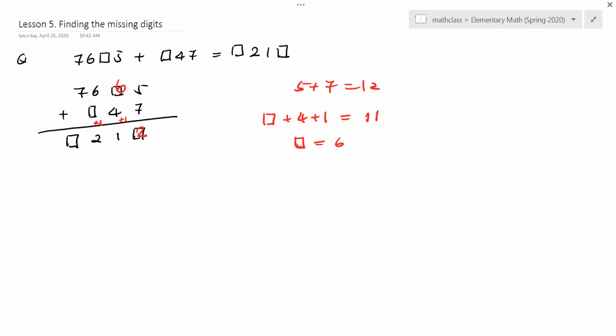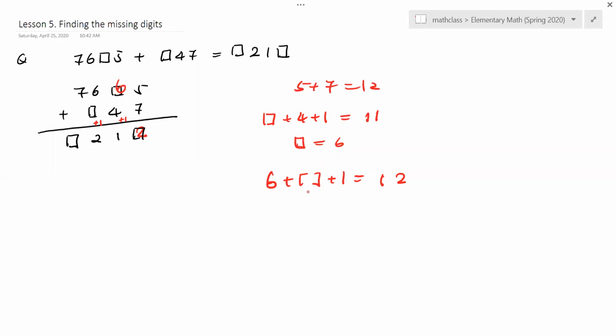All right, so now let's do this next one. You have 6 plus this unknown digit, plus 1 should be equal to 2. I think it's more than 2, so it's definitely going to be 12, because it cannot be 22. The largest possible digit would be 9, and 6 plus 9 plus 1 is 16.